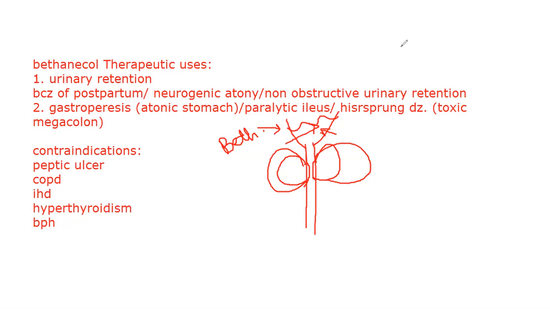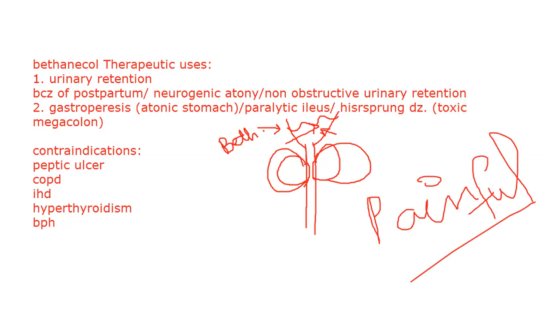The brain will get the signal that the patient needs to urinate, and it is already blocked. So the patient will feel a lot of pain. It is a painful condition. So never give this drug to BPH patients. Clear?